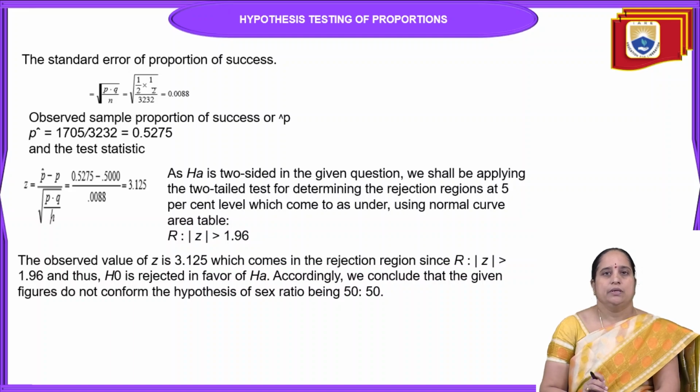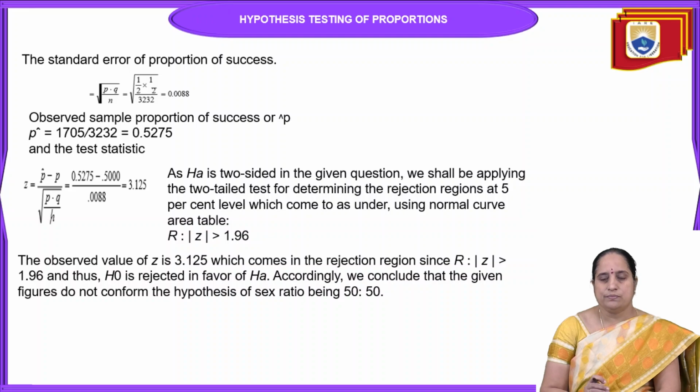And the test statistic applies the z-test, z is equal to 3.125. Here also, as in the alternative hypothesis, we have the not equal to symbol. So it is considered to be a two-tailed test, and we shall be applying the two-tailed test for determining the rejection regions at 5% level, which comes as, using the normal distribution curve, the value z is equal to plus or minus 1.96.